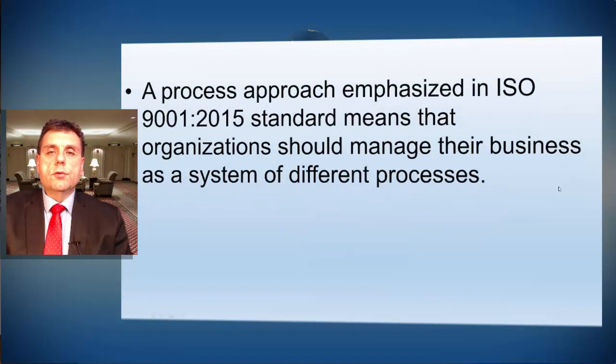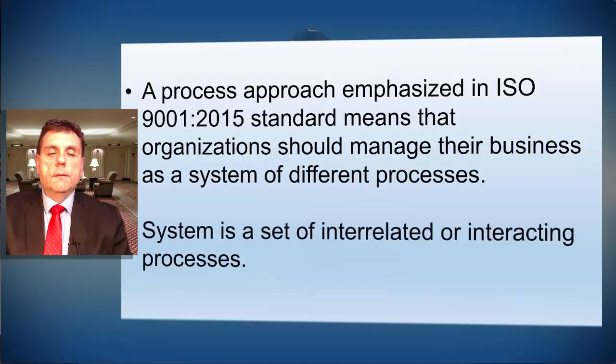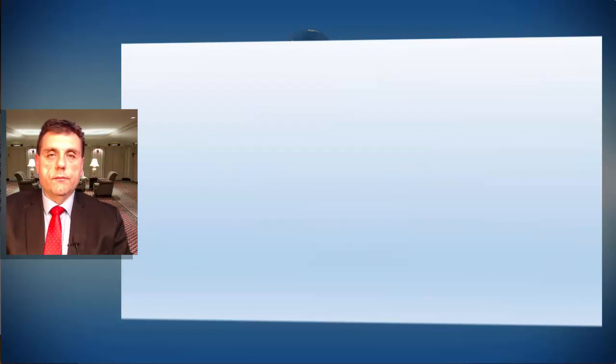A process approach emphasized in the ISO 9001:2015 standard means that organizations should manage their business as a system of different processes. Therefore, a system is a set of interrelated or interacting processes.